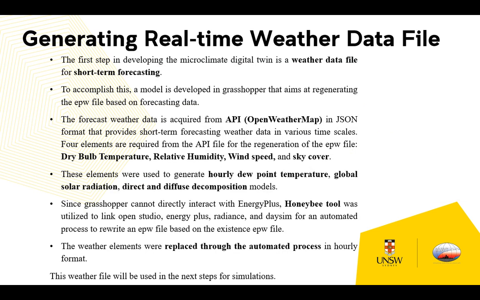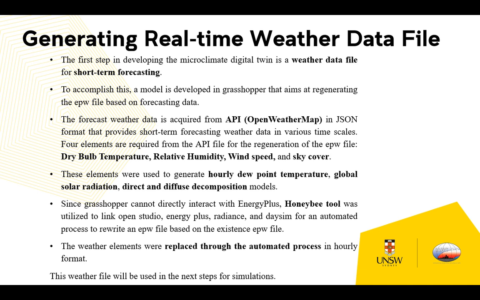For generating a real-time weather data file, the method we considered is to download the data for the short-term forecast from an API. In JSON format, we use dry bulb temperature, relative humidity, wind speed, and sky cover, and we replaced dew point temperature, hourly solar radiation, and direct and diffuse decompositions.